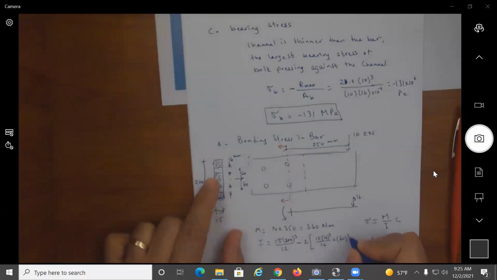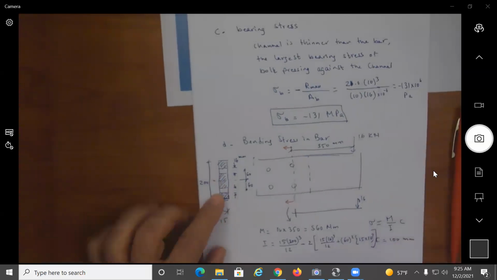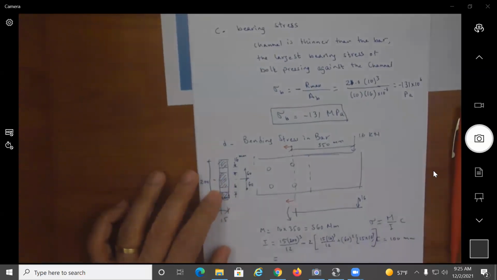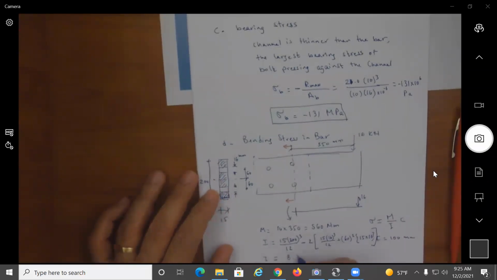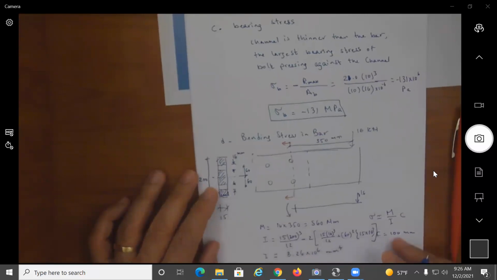So I have 60 squared multiplied by the area, which is 15 by 16. I close the bracket. So when I do the math here, I'll find that the moment of inertia I is equal to 8.26 times 10 to the power 6 millimeter to the power 4.